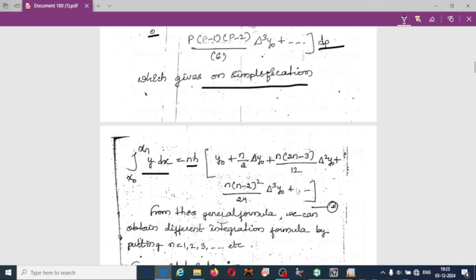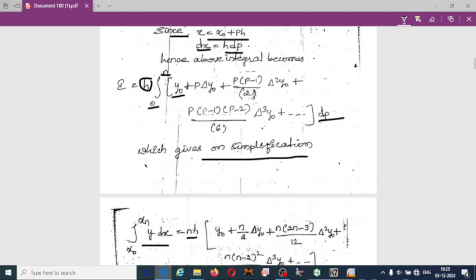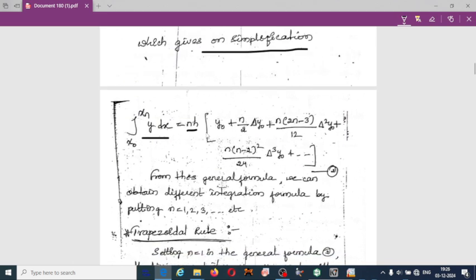On simplification you will have equation 2. If you integrate with respect to p from 0 to n and put the limits 0 and n in this equation, you will have n into h into y naught plus n by 2 delta y naught plus n into 2n minus 3 divided by 12 and so on.